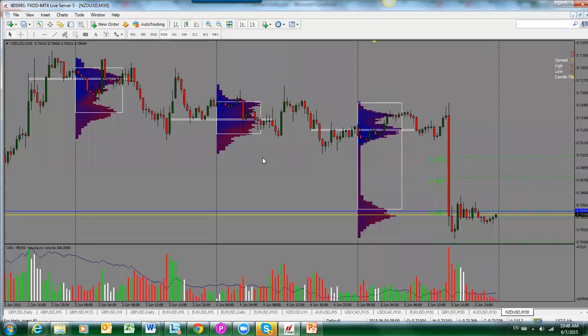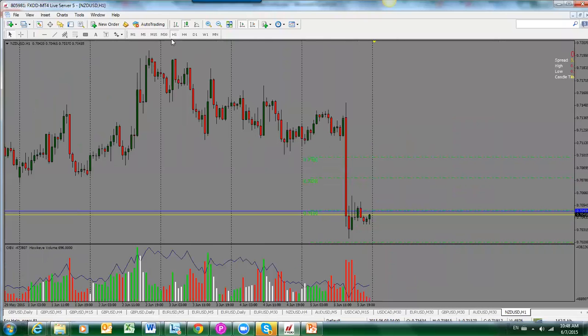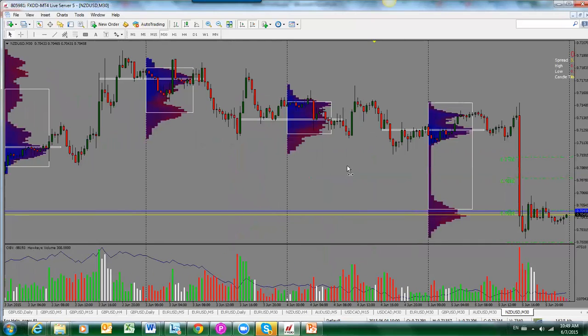But I mean, you do have to go to the higher time frames, but then the market profile won't show up on anything higher than I think an hour. It doesn't show up on my 4 hour. You may have to adjust it on the indicator. So for example, right now it's not showing up on my 1 hour, but it's in the settings where we can adjust it. I can show it to you after. But that's a good point.